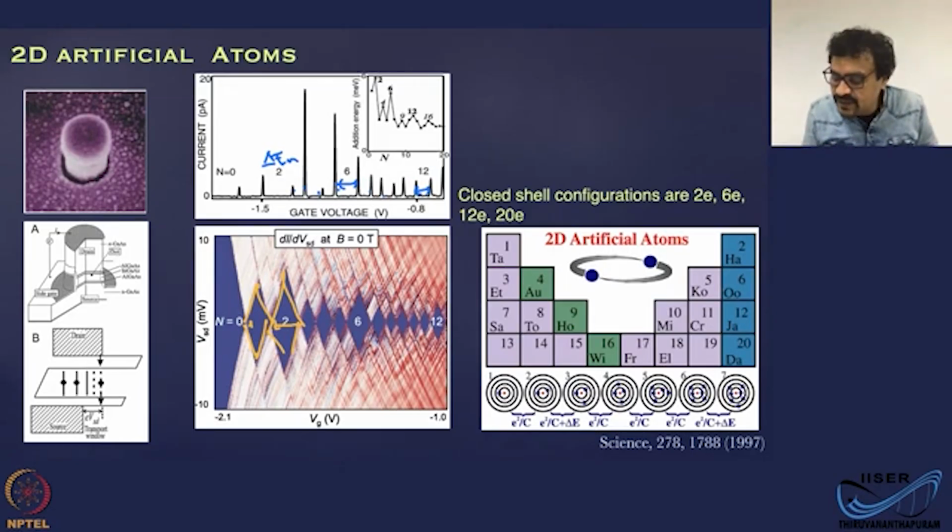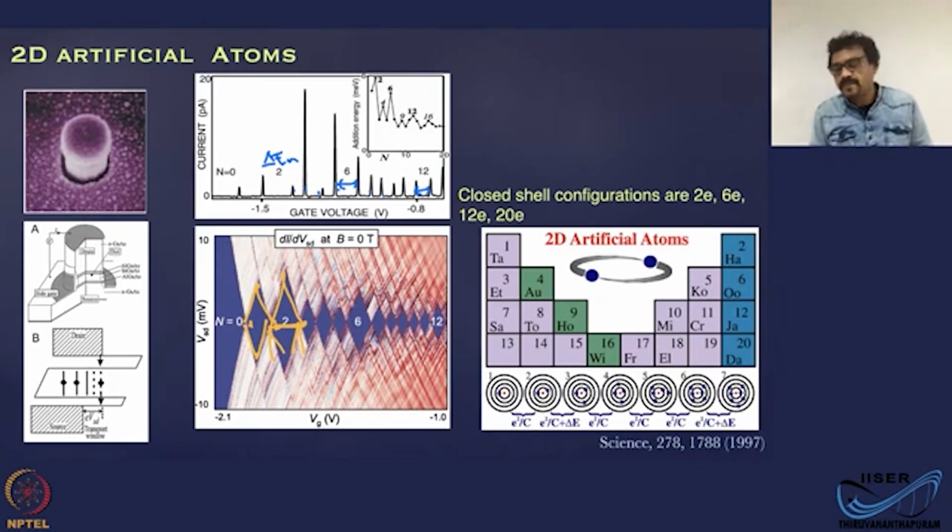So you have 1 electron here, 2 electrons here, the third electron is here, but to reach the third electron state, you have to go this far. So the width of the second diamond will be more. Okay. Similarly, the width of the 6th diamond will be more. The width of the 12th diamond will be more compared to the nearest ones. That tells you that the addition energy is being applied after the 2nd, after the 6th, and after the 12th.